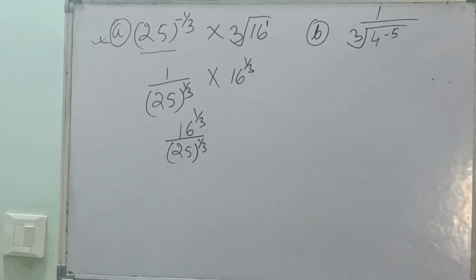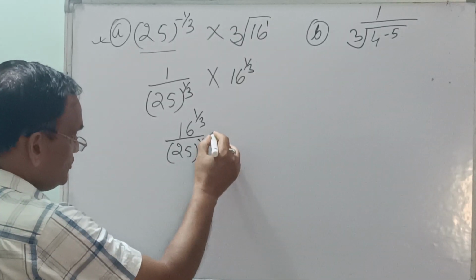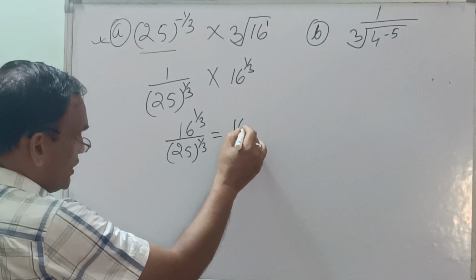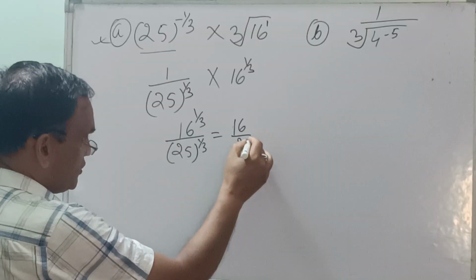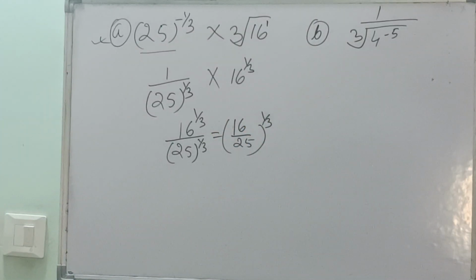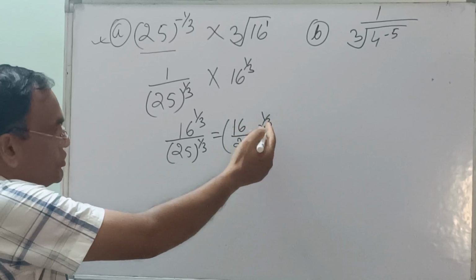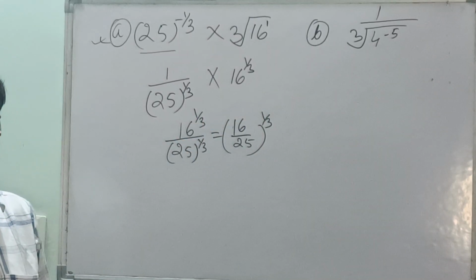Yes, we can. Now further, what can you write? We have got 16 upon 25, all to the power 1 upon 3, because both have the power 1 upon 3, that's why we make it common. So (16/25) to the power 1 upon 3.